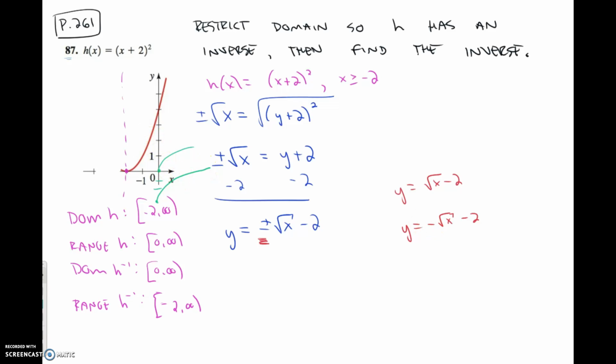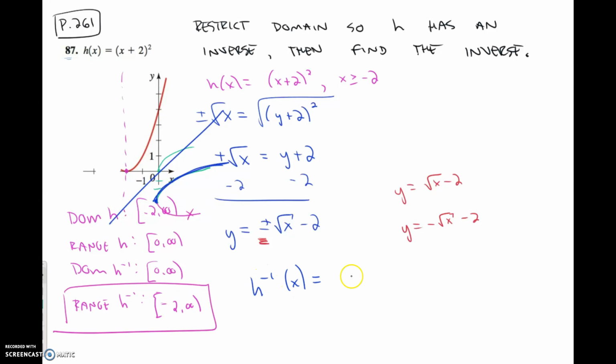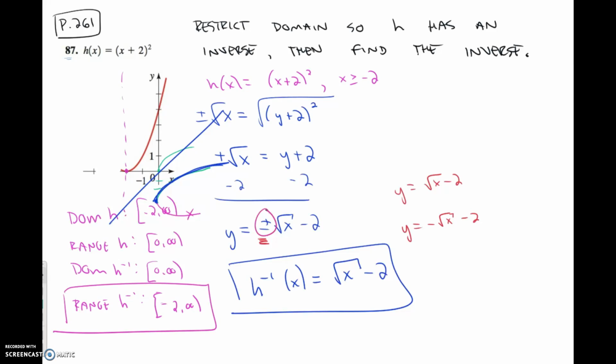If you do the opposite, it's going to have the bottom portion, which is not the portion we want. We want the portion that has this range value, negative 2 to infinity, which is this positive portion of the graph. So that tells me that for my inverse function, I want the positive portion of this piece right here, okay?